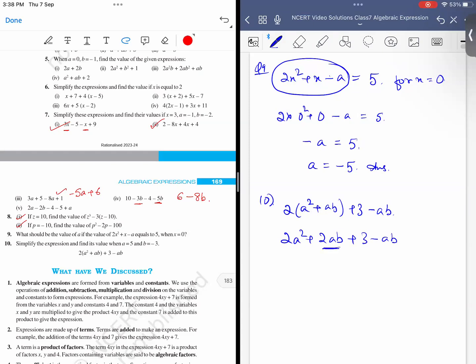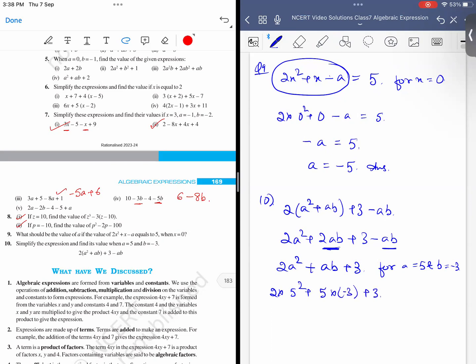Now see here, 2ab and minus ab are like terms. Bring them together: 2a square plus ab plus 3. For a equal to 5 and b equal to minus 3, put the values: 2 into 5 square plus 5 into minus 3 plus 3.